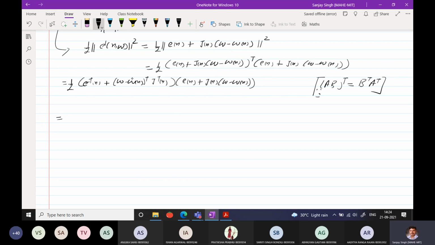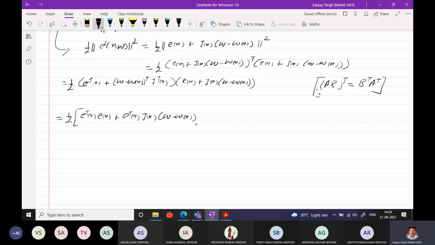Now once I have done this, the next step is obvious: we have to multiply component by component. Let me write it like this: E_n^T multiplied by E_n plus E_n^T J_n (W minus W_n). So this multiplication is over.